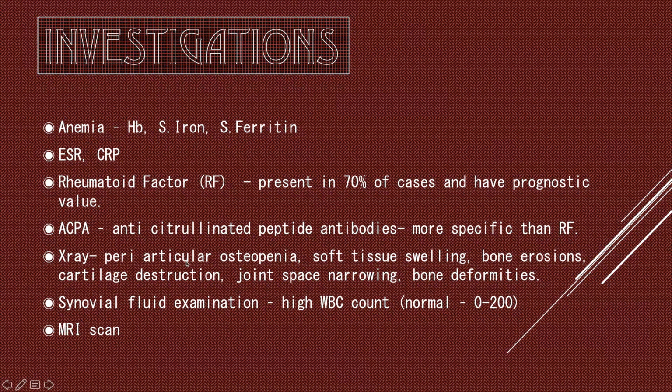Then X-ray shows periarticular osteopenia, where the bone becomes less calcific, soft tissue swellings because of the inflammation, bone erosions, cartilage destruction, and joint space narrowing because the cartilage is destroyed, so the bones are closer to each other. In synovial fluid examination, there will be raised leukocytes. And MRI scans also show us the joint deformities.